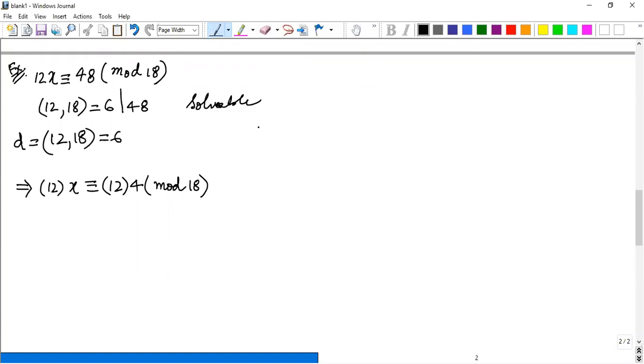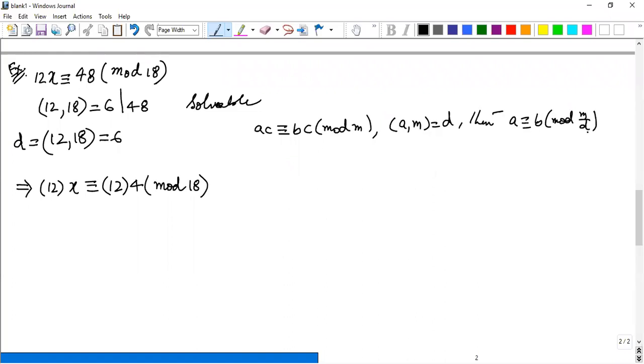Just like if we write AC congruent to BC modulo m, and GCD of A and M is equal to D, then A is congruent to B modulo M divided by D. So the common factor is 12 here, so we divide by 12.